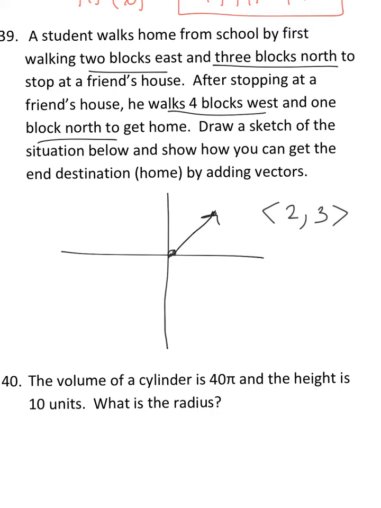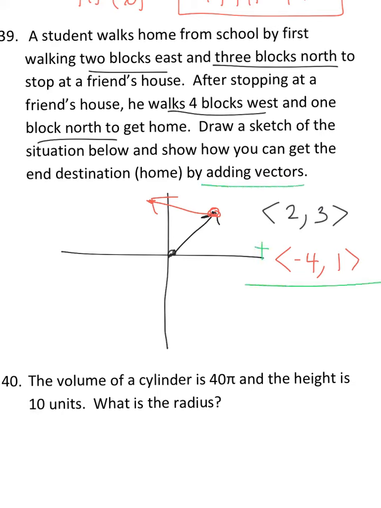That's 2, 3. After stopping at a friend's house, he walks 4 blocks west and 1 block north. So from here, he goes 4 blocks west and 1 block north. I drew it so far, and show how you can get the end destination by adding vectors.